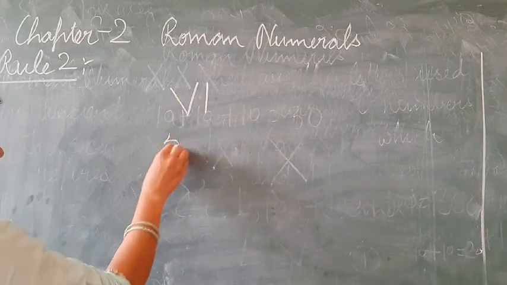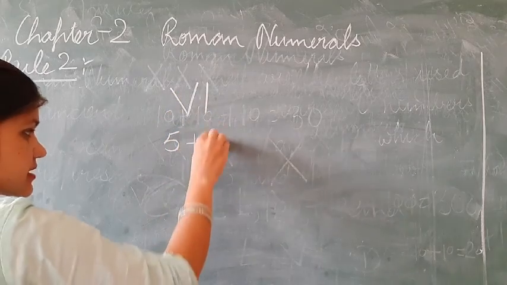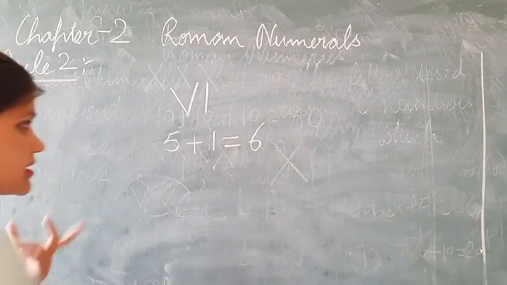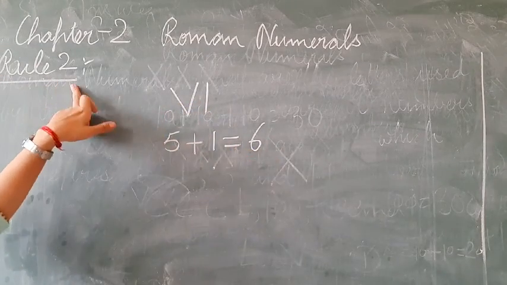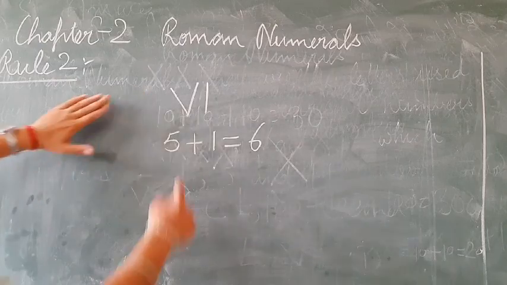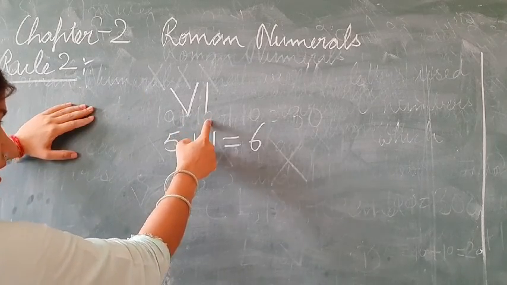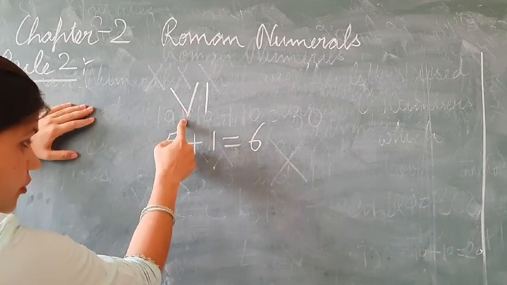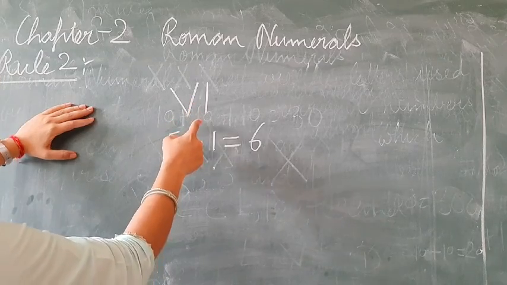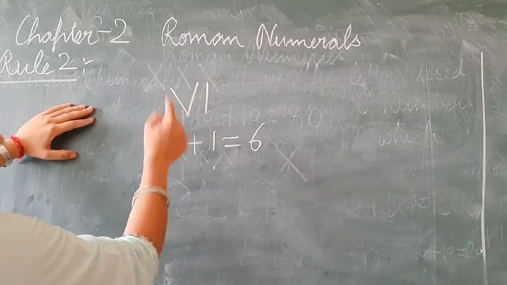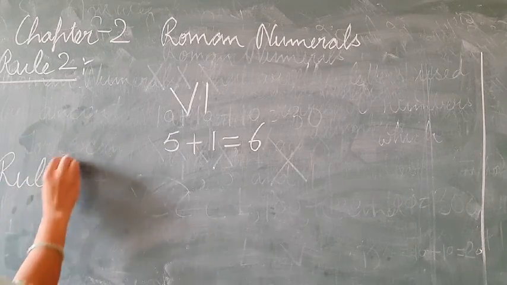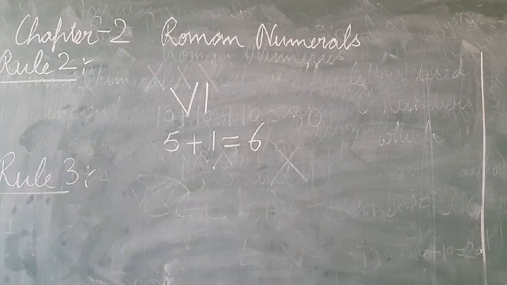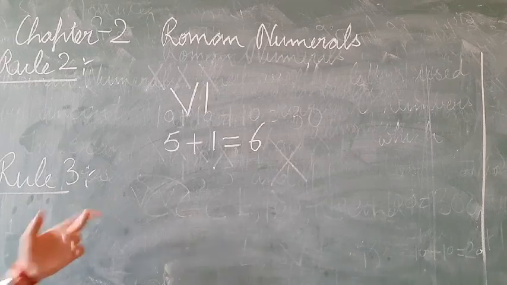This is 5 and this is 1, so 5 plus 1, this is 6. This is our second rule.